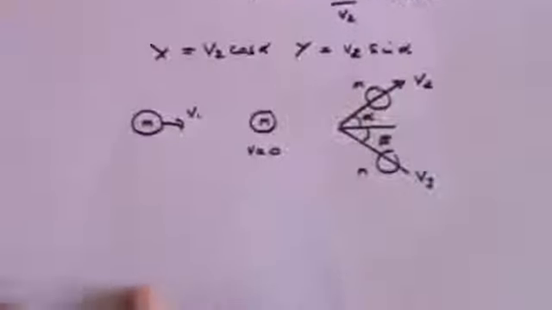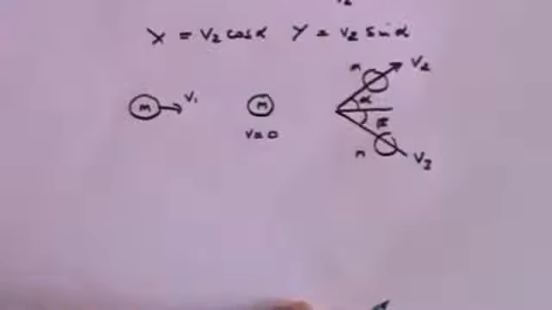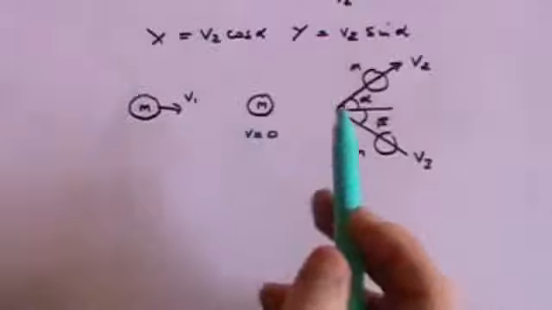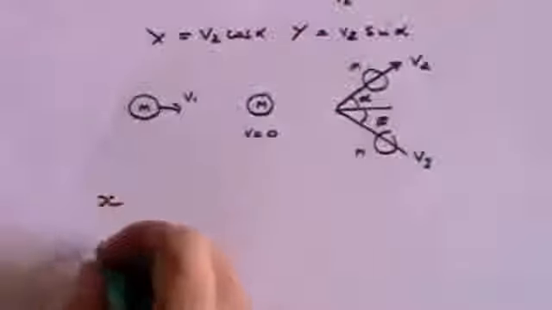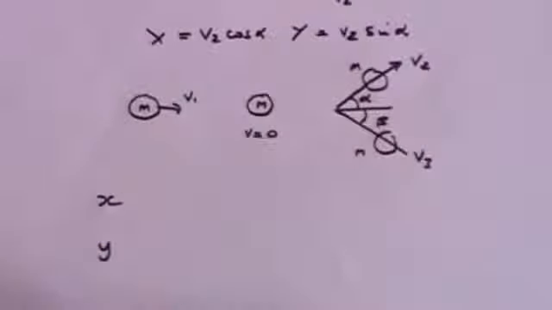And so what we are told is that we need to resolve these components into the x and y direction. So we need a formula for x and a formula for the y direction.